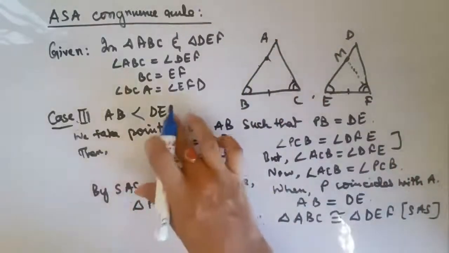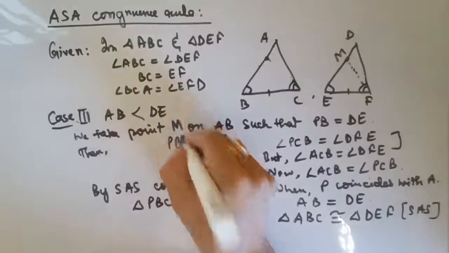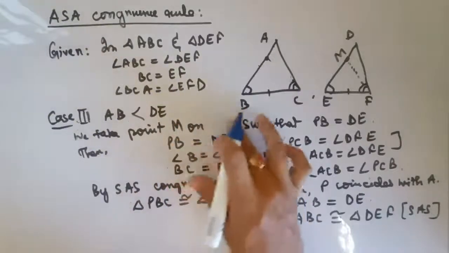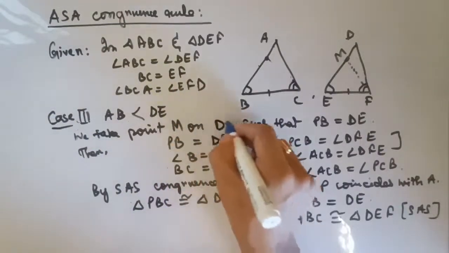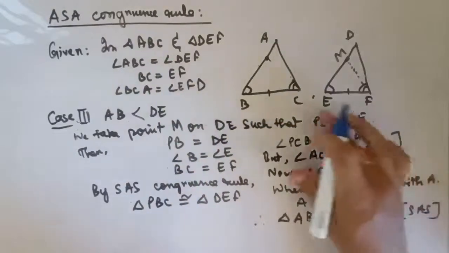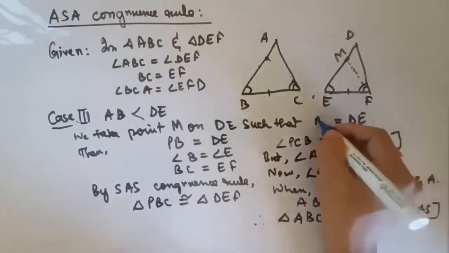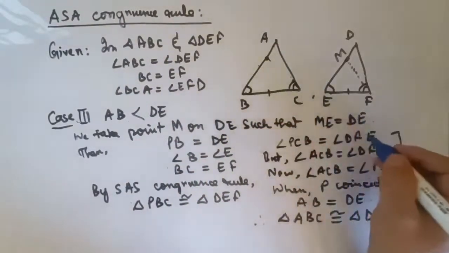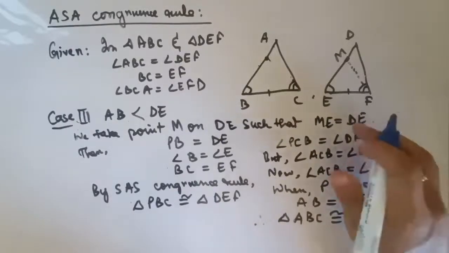So we take a point M on DE such that ME is equal to AB.